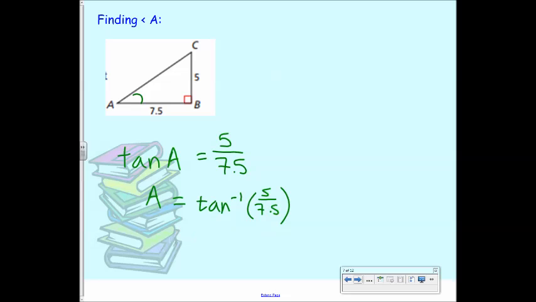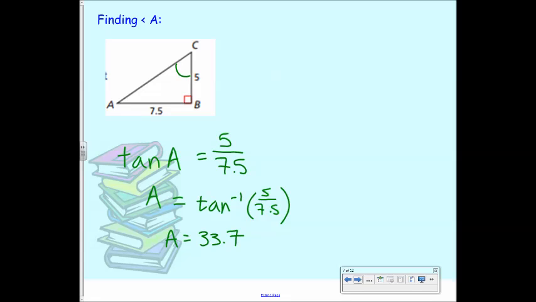Okay, now what could we do to get C? We could just subtract it, but I want to try this again so you guys can practice this one more time. So let's say I'm looking for angle C. If I'm talking angle C, what do I have compared to C? Opposite and adjacent. So I'm still going to use tan. So I'm still doing tan C, but in this case, what's opposite? 7.5.